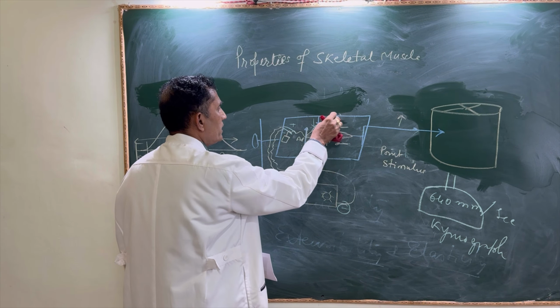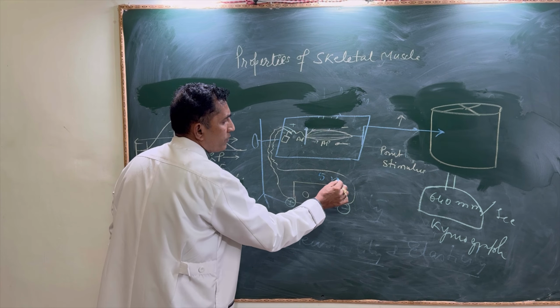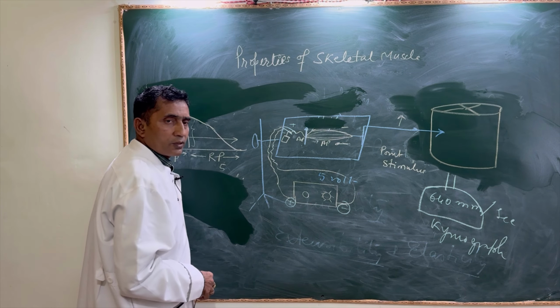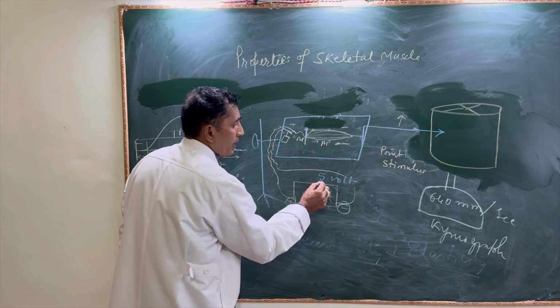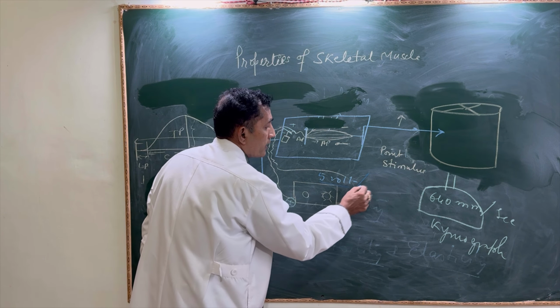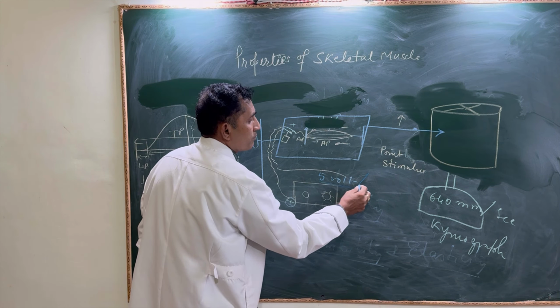If we provide 5 volt, we will have to change the strength of stimulus. 5 volt we can provide, then we can have a simple muscle twitch by applying 10 volt. Then with the same muscle preparation, we can provide 15 volt.